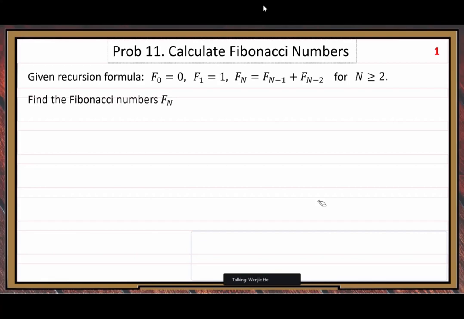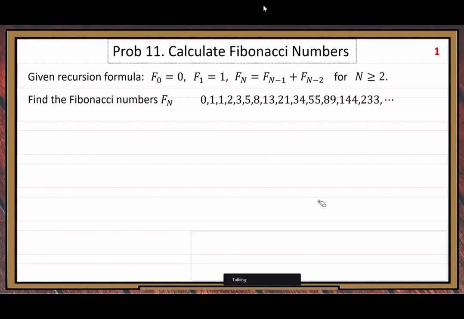Then, the goal: find the Fibonacci number f sub n for any given integer n. What is the fastest way to calculate the Fibonacci numbers? In part C, let us study this topic. Very simple, but very useful.